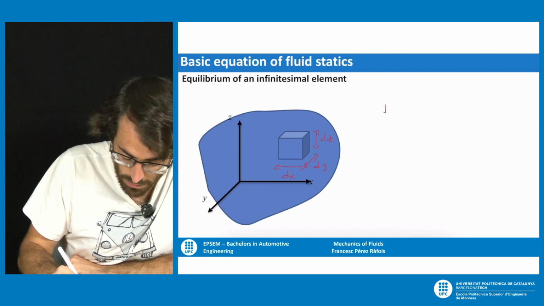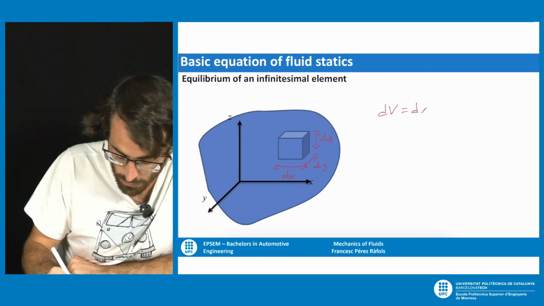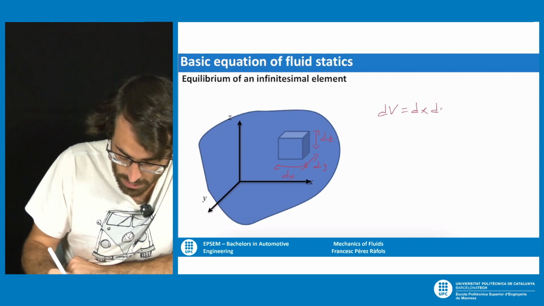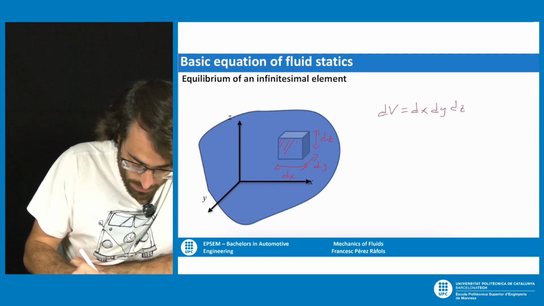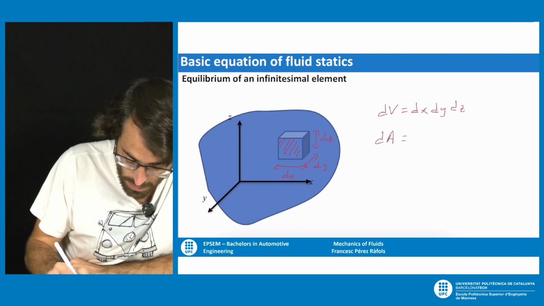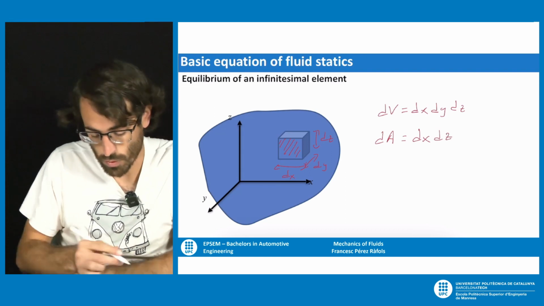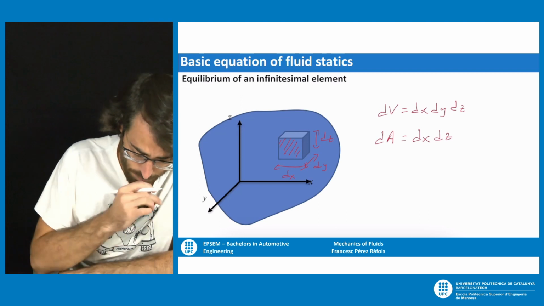We will need its volume, which is simply the volume of a cube, so dV is equal to dx dy dz. And if we look at the area of this face here, we'll have dA equal dx times dz. And of course, we can do the same for all the other faces.